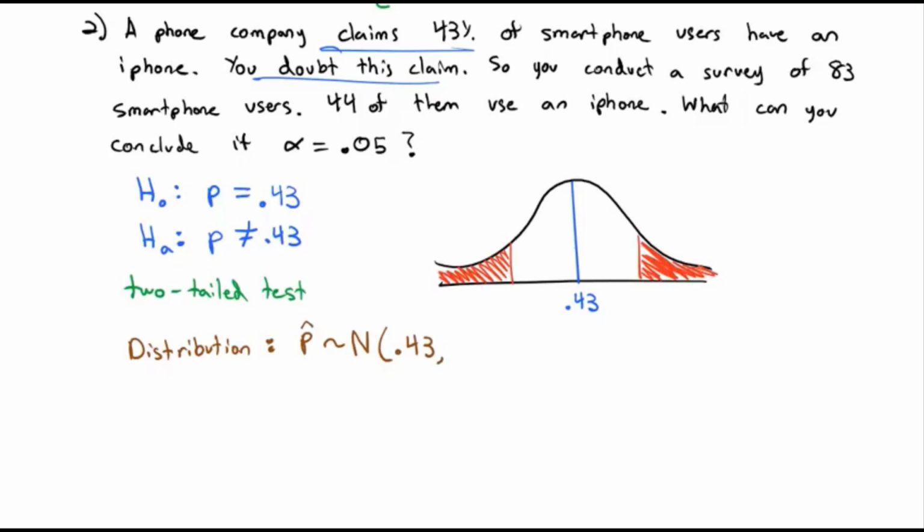Around the claim of 0.43, with a standard error of the square root of 0.43, that's our p, times q, 1 minus 0.43 is 0.57, over my sample size, and here we did a survey of 83 people. So what that really means is our proportion is normally distributed with a mean of 0.43 and a standard error of 0.0543.